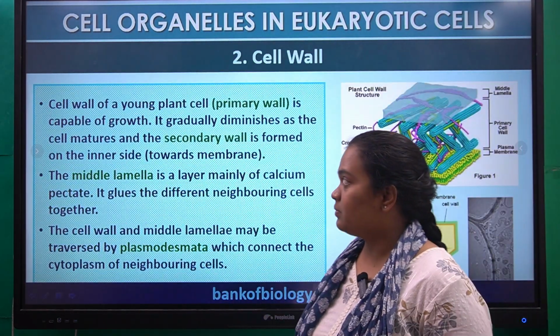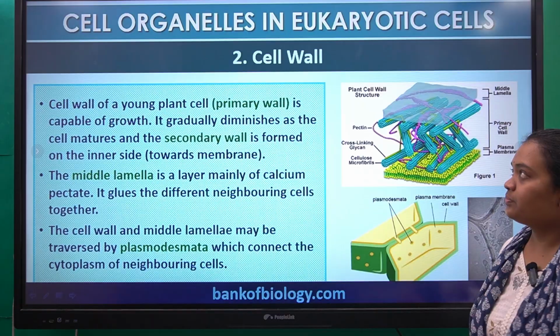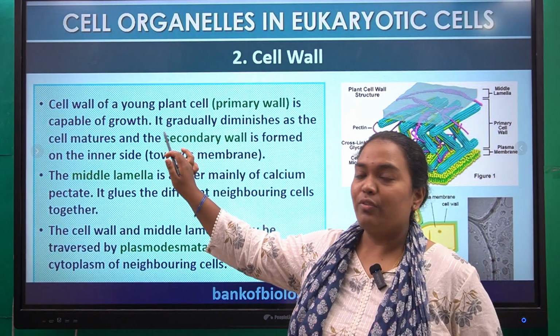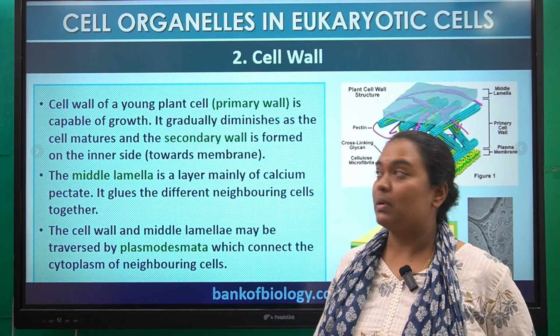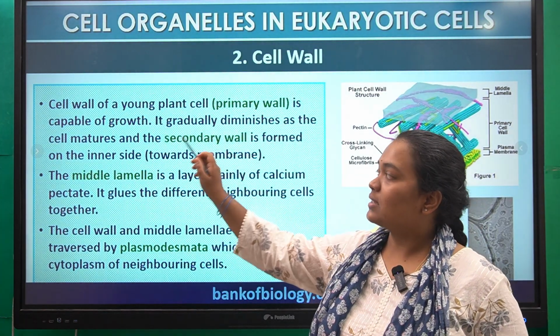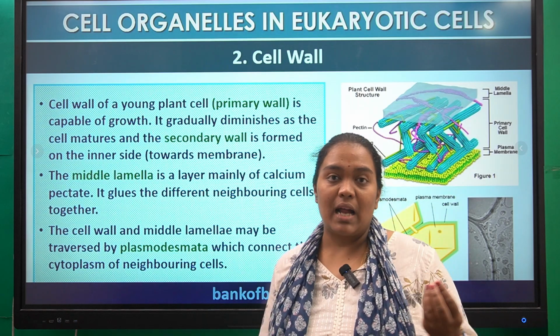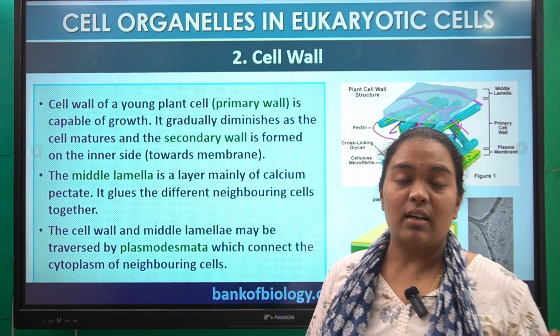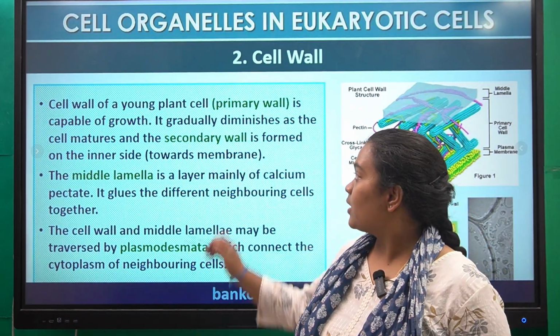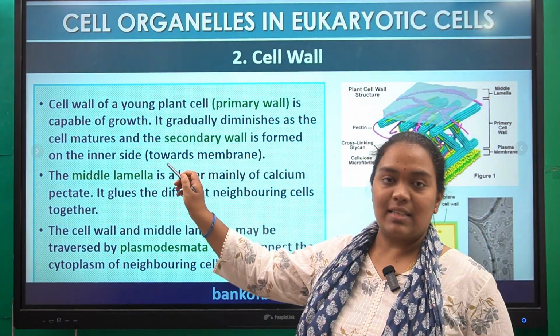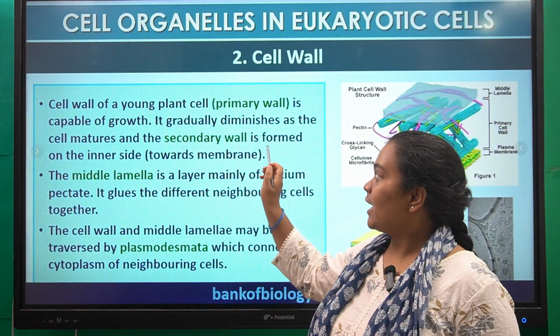Next, in a young plant cell, or a newly germinating plant, the primary wall is capable of growth. So when the plant is in the young stage, the cell wall is also able to grow in its size and thickness. It gradually diminishes as the cell matures and the secondary wall is formed.